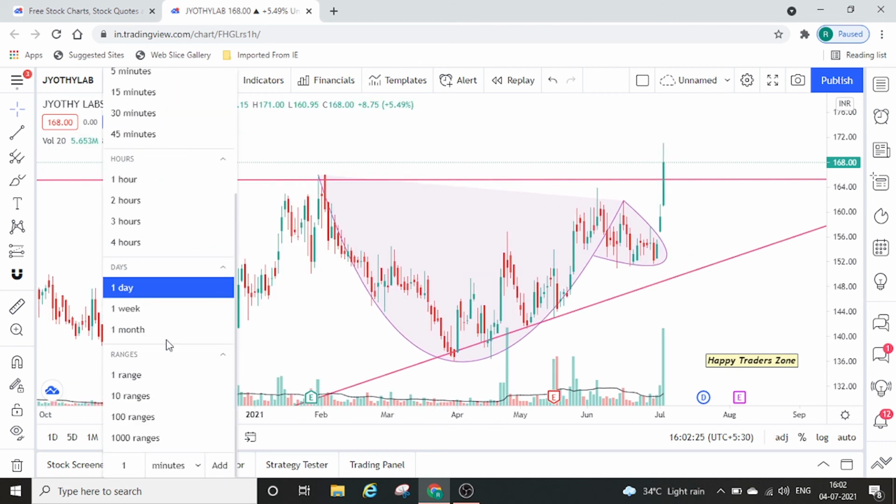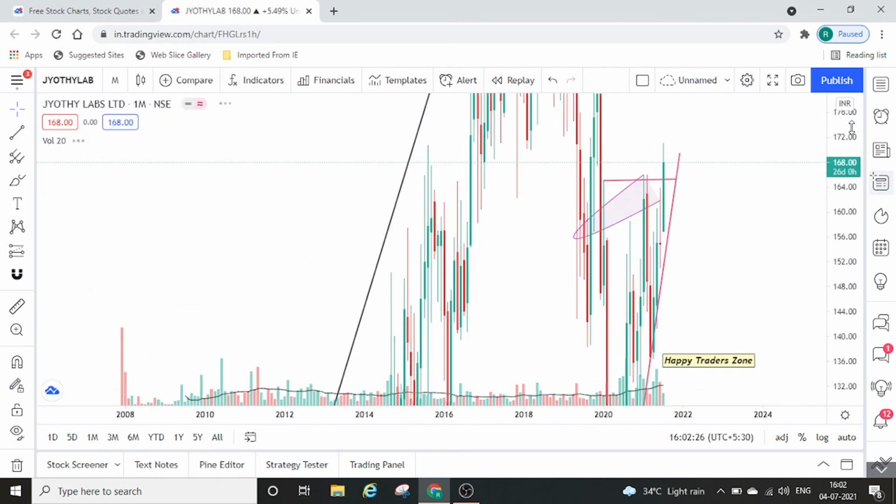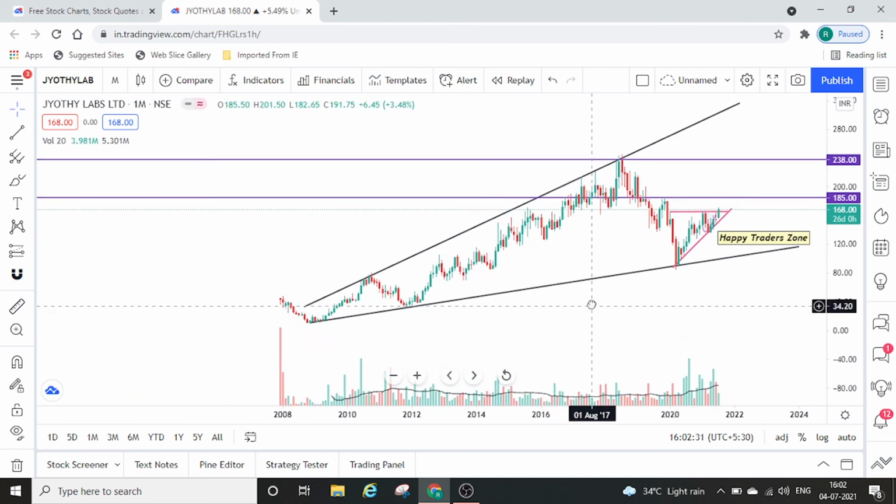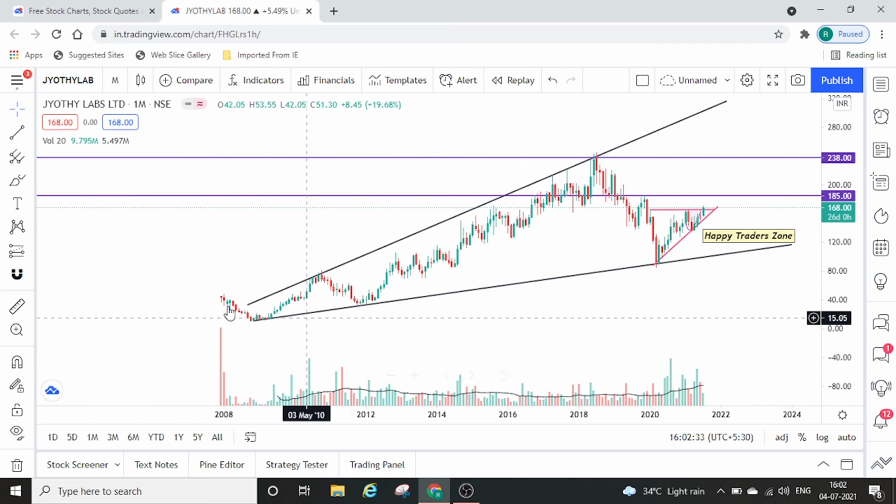Okay, let us move on to the monthly time frame to have the broader view. If you see here, this is the lifetime technical analysis of Jyothy Lab.